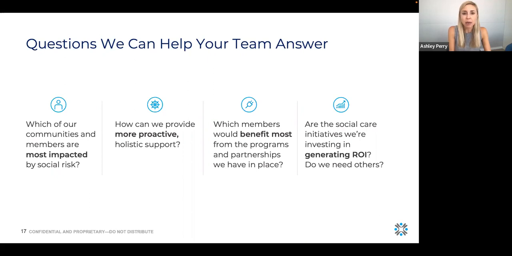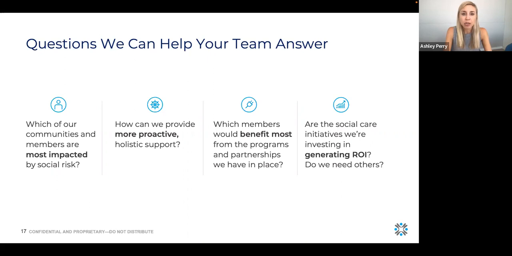And that can impact a number of different ways that you're engaging with members today. So if you think about, for example, your care management team that's reaching out to members, if they understand the social risk profile and needs of your members, not just their clinical needs, they can have a more engaged, holistic, comprehensive conversation with them as part of the care management outreach and engagement that they're already doing.